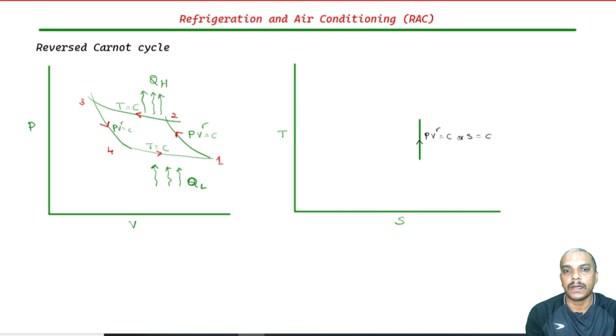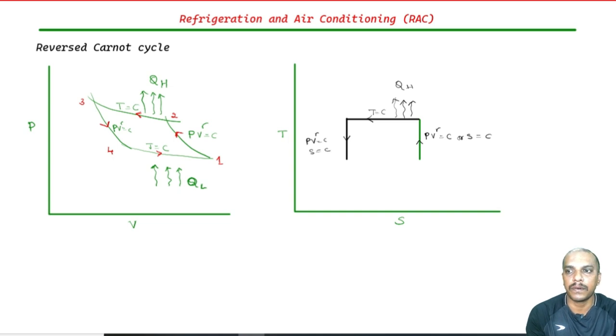Then constant temperature in a TS plot would look like this, alright. So, there is constant temperature, and as usual heat is taken out from the refrigerant. So, this is QH. Then 3 to 4 is reversible adiabatic expansion. So, this is entropy constant.